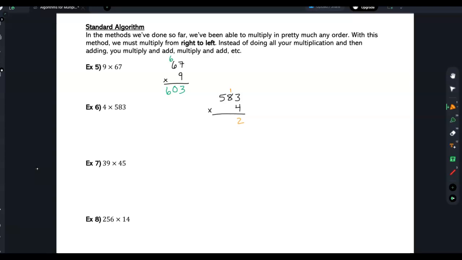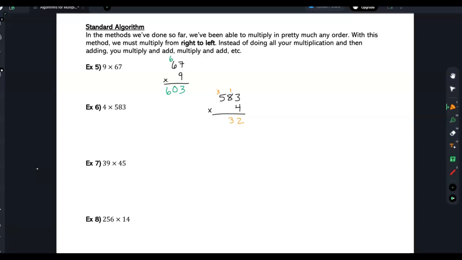And so then I'm going to do my next multiplication, 4 times 8. So 4 times 8 is 32, but then I'm going to do my addition. So add that one that I regrouped and I get 33. So that means I'm going to write a 3 and I'm going to regroup a 3. And then 4 times 5 is my last multiplication.